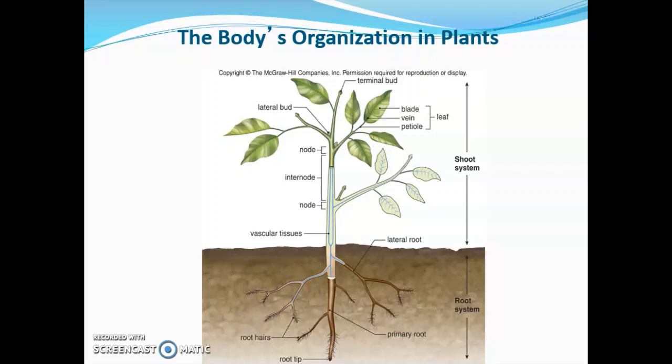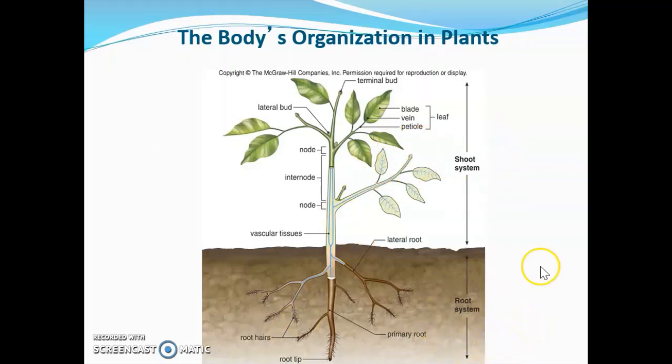From our discussion of biological organization in animals, now we move on to our discussion of organization in plants. Plant organ system. The vascular plant has two distinct organs, a shoot system and a root system.